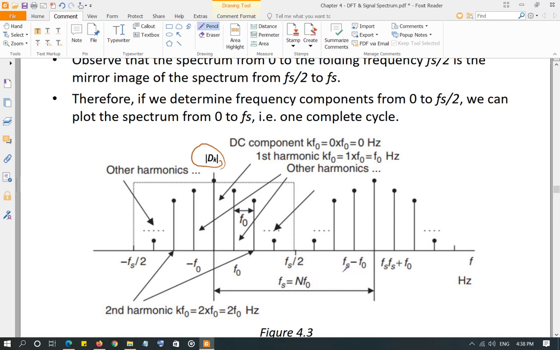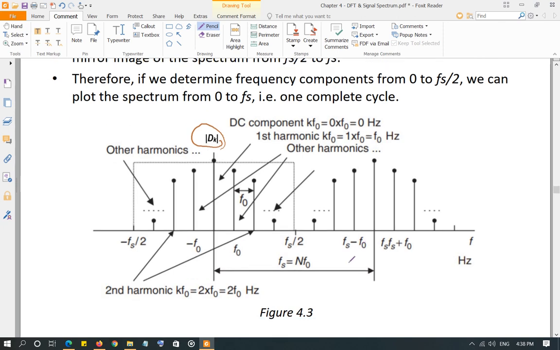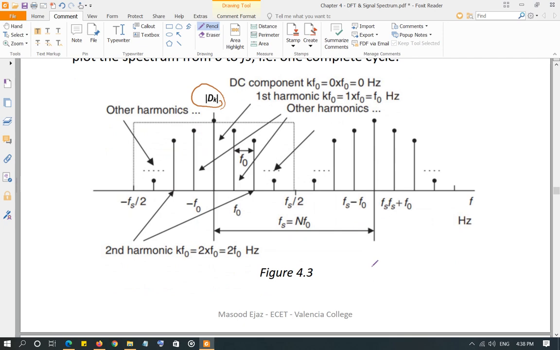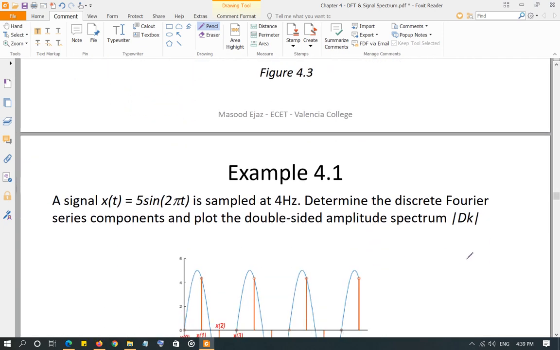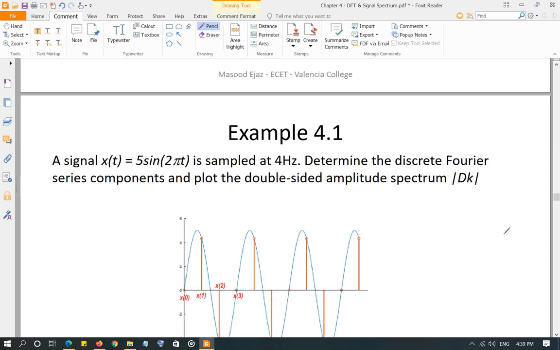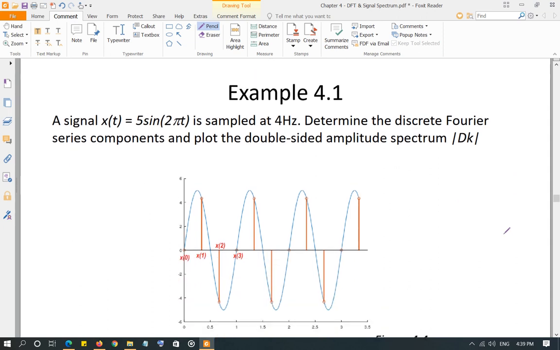And when you use MATLAB to calculate the discrete Fourier transform, it also gives you the same number of points as the time domain signal. Remember, k goes from 0 to N minus 1, as well as lowercase n in the time domain goes from 0 to N minus 1. So both have the same periodicity, and that's a big difference between the components in the discrete domain and the components in the time domain for discrete.